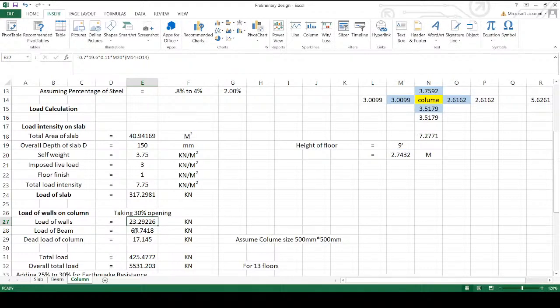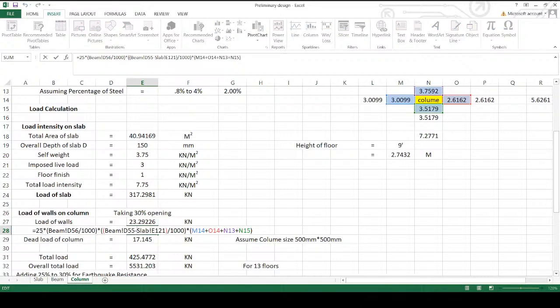And the load of beam: similarly, we have to calculate 25 into the cross section area of the beam, which is B into D, where D is the overall depth minus the slab depth, that is the depth of the beam, into the beam length.